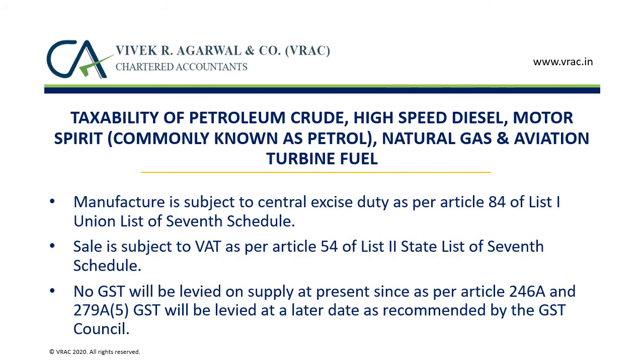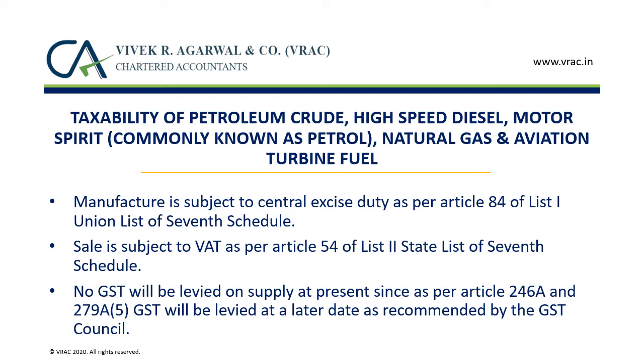Let us discuss taxability of petroleum crude, high-speed diesel, motor spirit, commonly known as petrol, natural gas and aviation turbine fuel. Manufacture of these goods is subject to central excise duty, as per Entry 84 of List 1 Union List, of the 7th Schedule.